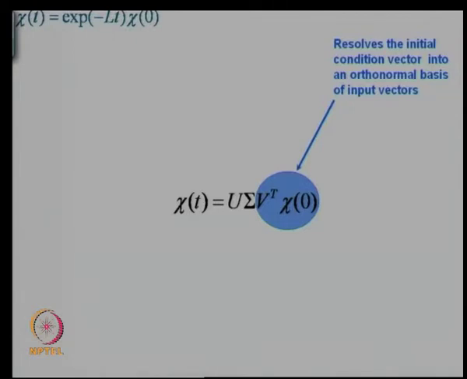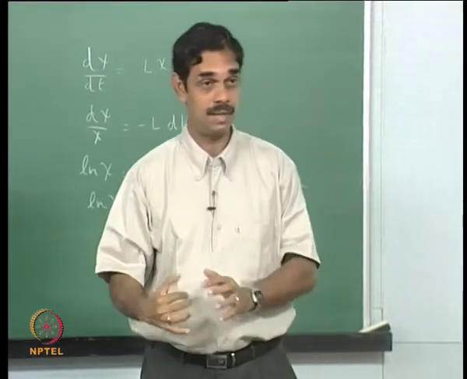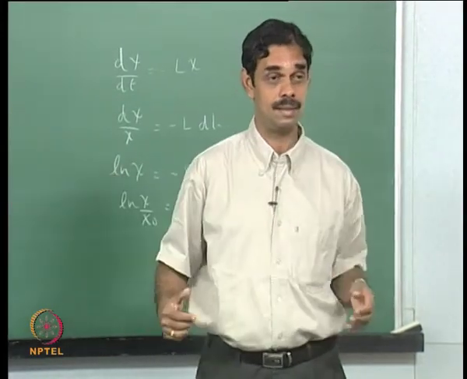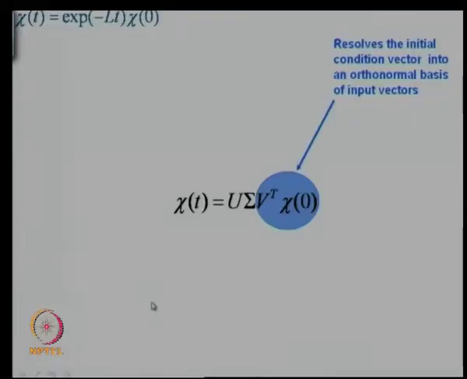So just like you have a vector and you can write it as Ai plus Bj plus Ck, or you can write some capital A times e_r plus capital B times e_theta plus some other thing times e_phi. So similarly we have this basis, we use V transpose as a basis, and it is resolving the initial condition along those bases, and they are orthonormal. Okay, so that is the idea.